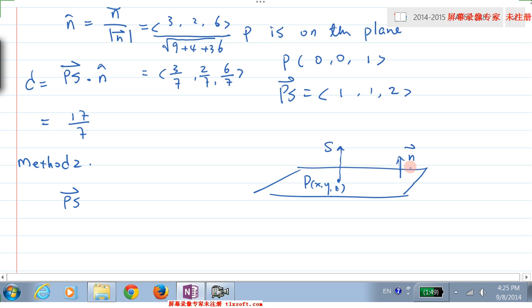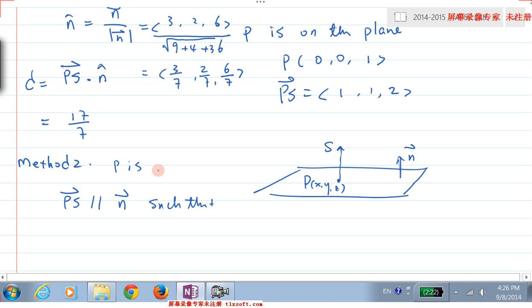We have this n already extracted out of the plane equation, and we know n is perpendicular to the plane. So we want to find a point P such that PS is parallel to n.